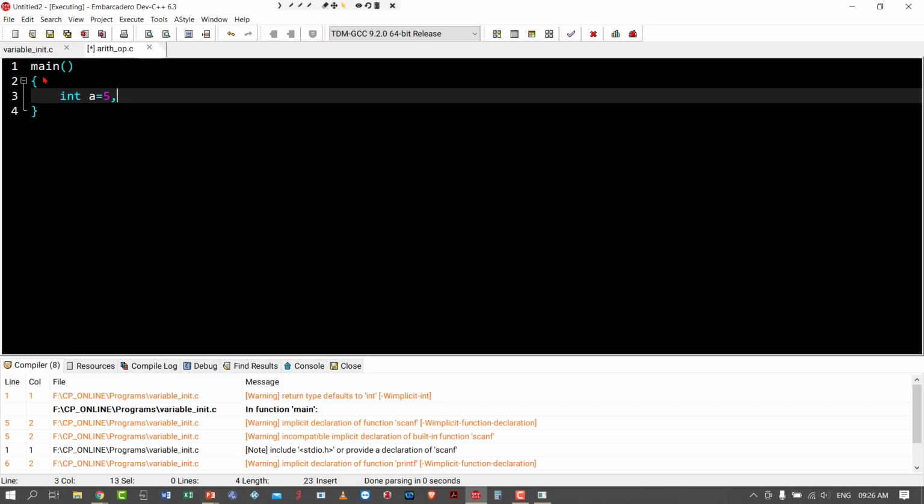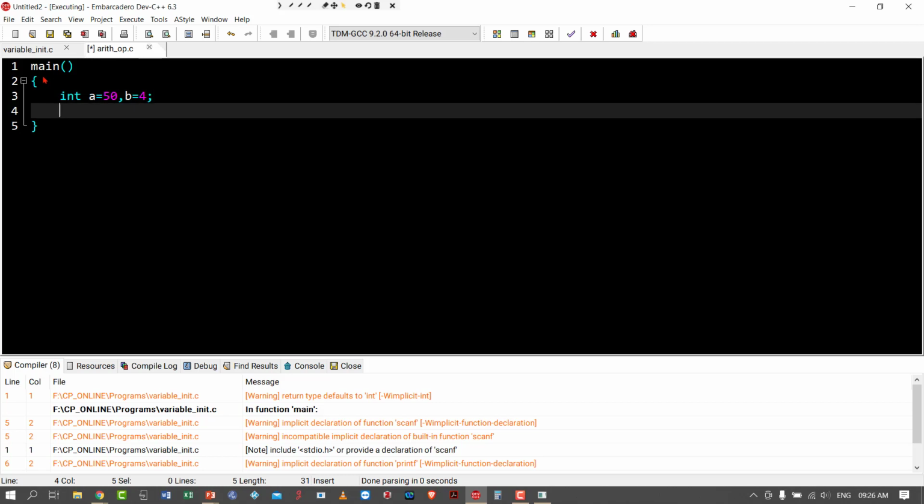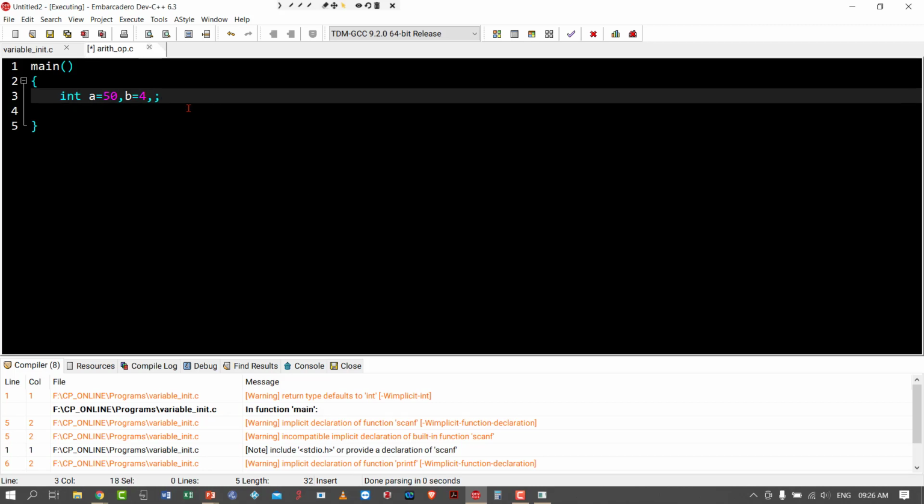a equal to 50, and b equal to 4. Now also declaring some more variables: s for sum, d for difference, p for product, q for quotient, and r for remainder.